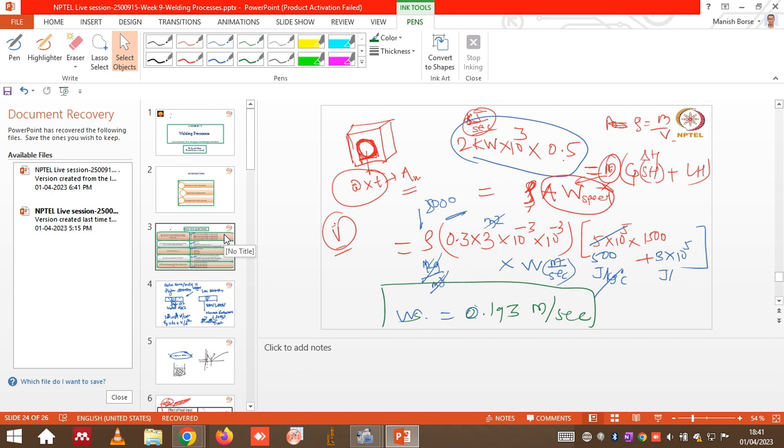I might have divided it by 60 because we need time in seconds, and if we get welding speed in minutes, then we have to divide by 60, right?